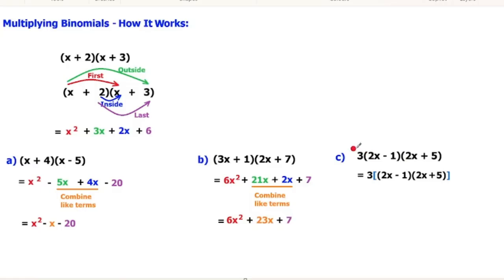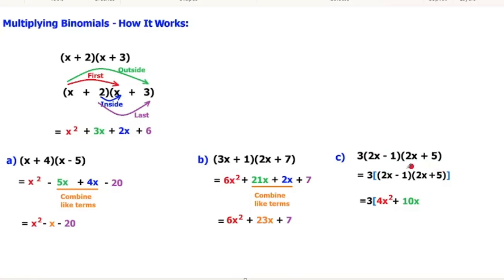So this one has a multiplication on the outside. So what we have to do is put brackets around here. So we're going to work on our brackets first. So we keep our 3 out here and we multiply our first terms. 2x times 2x is 4x squared. Then we multiply our outside terms.